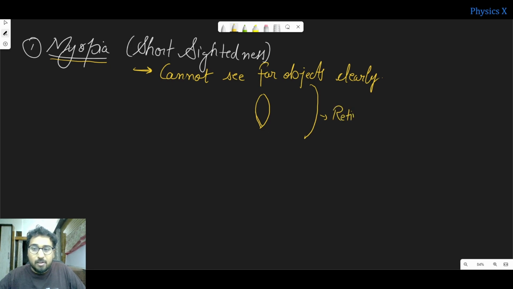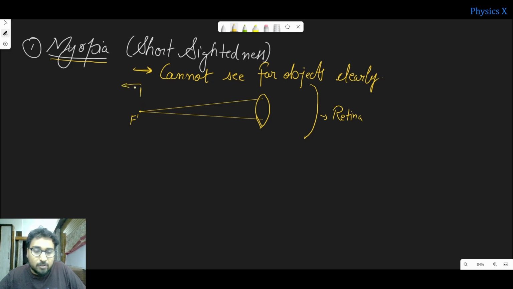Suppose this is the retina, and an object is placed at the far point of this eye. This is the point up to which this eye can see. If the object goes beyond this point, the person cannot see it clearly. So the far point is the last point up to which this person can see clearly.